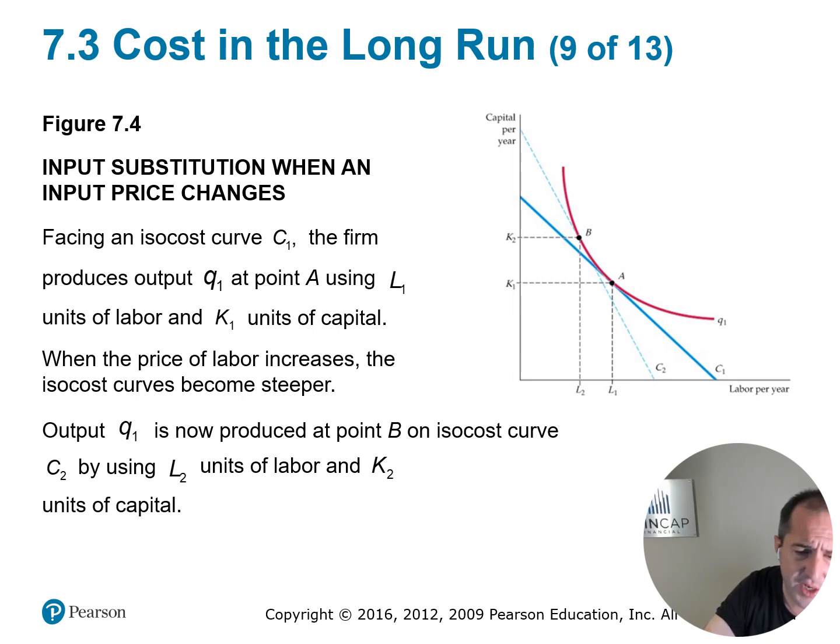When the price of labor increases, the isocost curve becomes steeper. Output Q1 is now produced at point B on the isocost curve C2, using L2 units of labor and K2 units of capital. So if one input gets more expensive, effectively it gets swapped out, right? We talked about this with McDonald's. If labor gets really expensive, they'll start buying iPads to replace the workers instead.